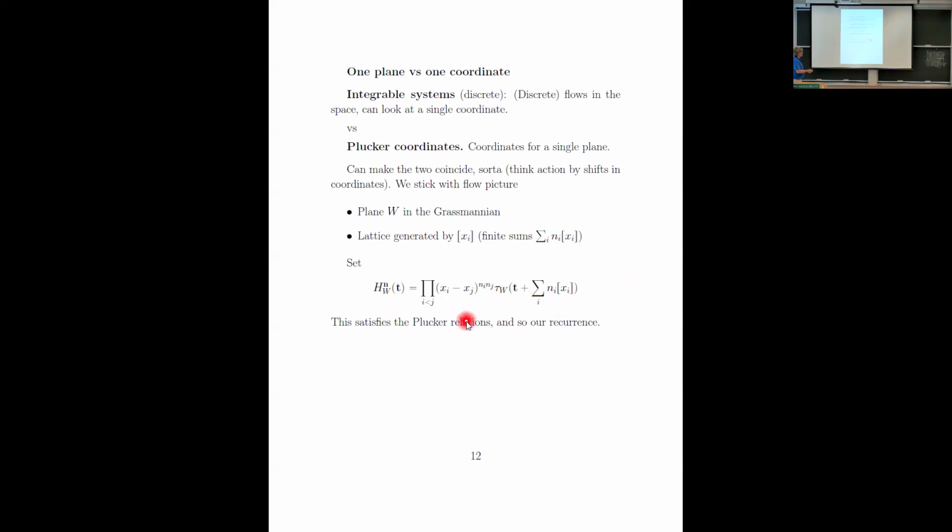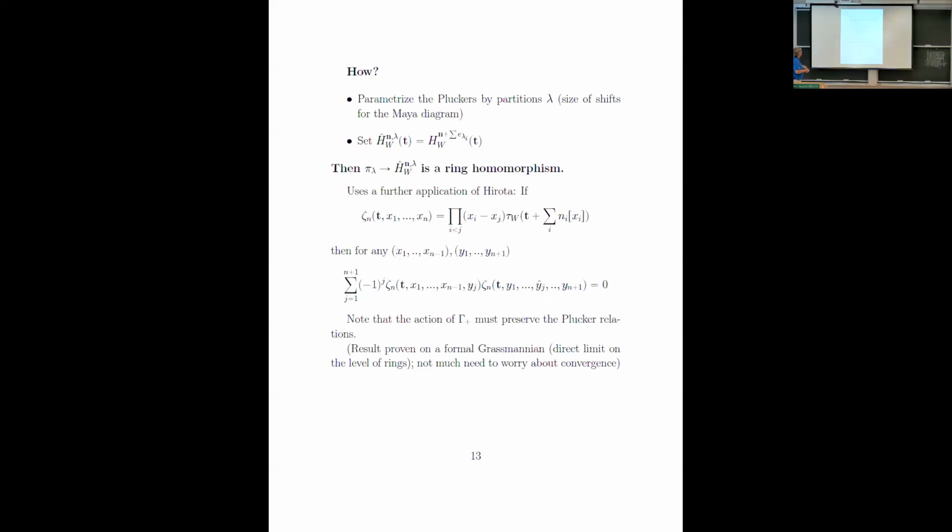And you take the tau function, put a little tweak here, and the tweak is kind of interesting, but it's necessary. And you'll get something that will satisfy the Plücker relations. The how is there's again another shift here that you have to put in.